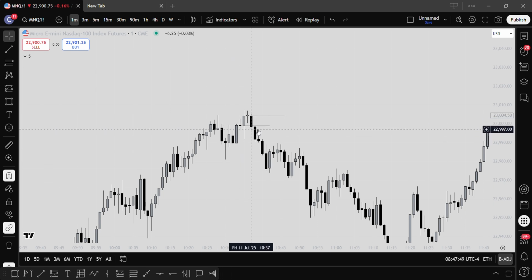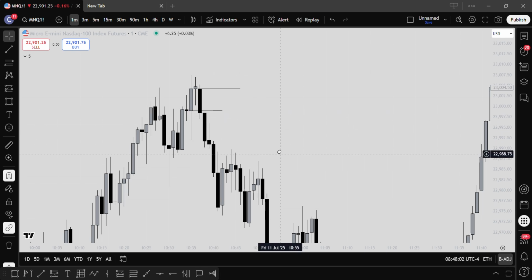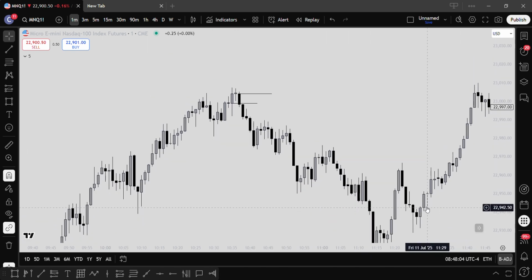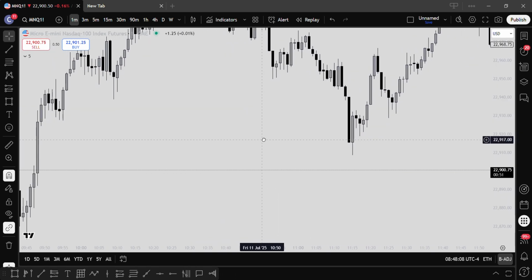This is the full story of the candle. What about the sell candle? The candle opened here, went a little bit to the upside, then printed to the downside, then retraced a bit to here. Okay, so now that we can understand how a candle forms, let's understand what's a fair value gap.